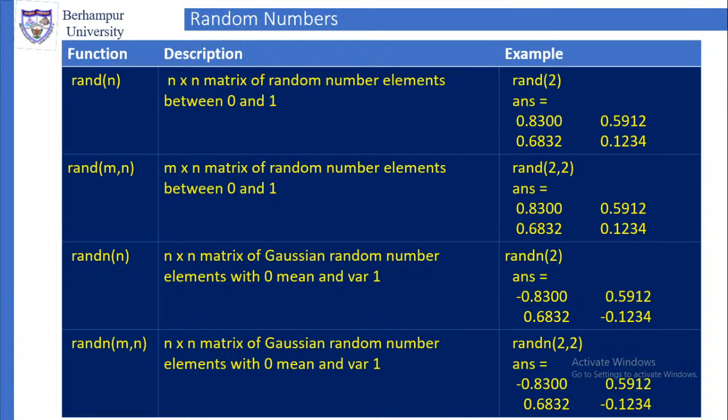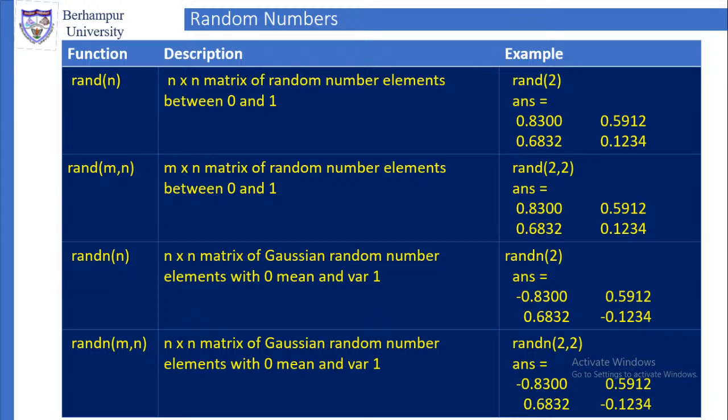With the same rand function you can write rand m comma n. It is going to give you an m cross n matrix of random numbers, with elements between 0 and 1. So rand 2 comma 2 will be a 2 cross 2 matrix, the same kind of matrix.